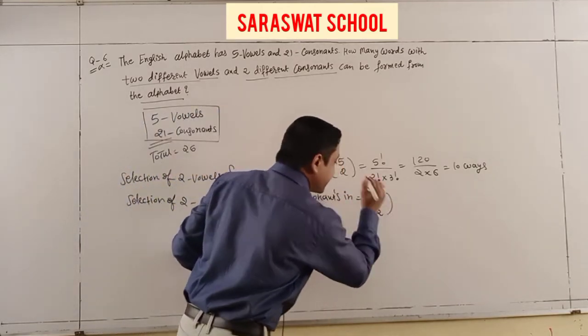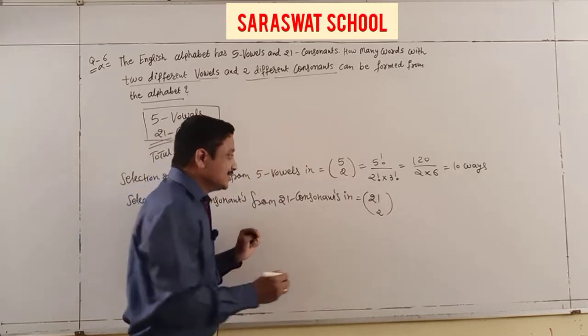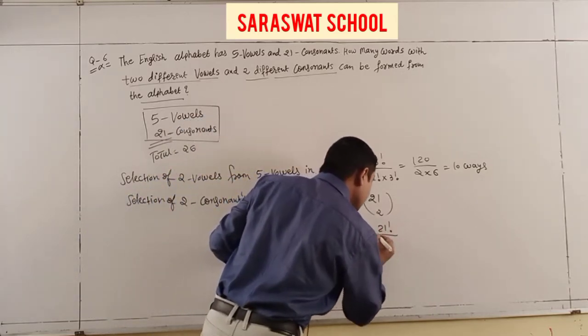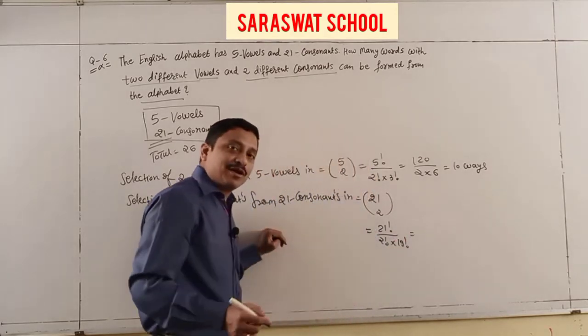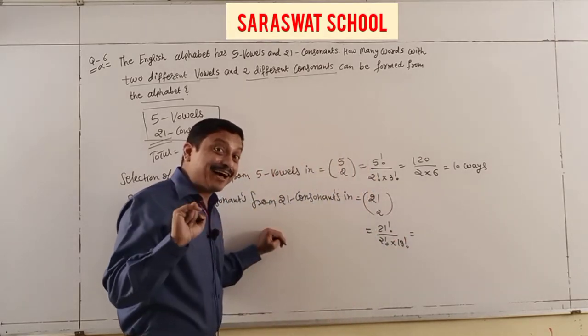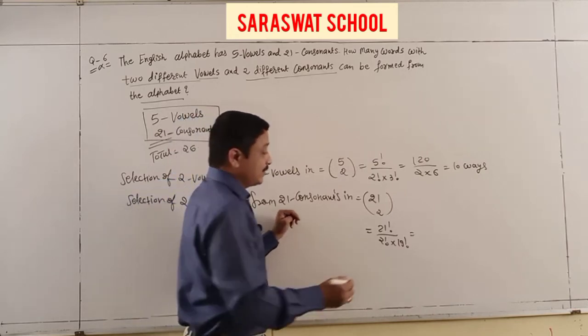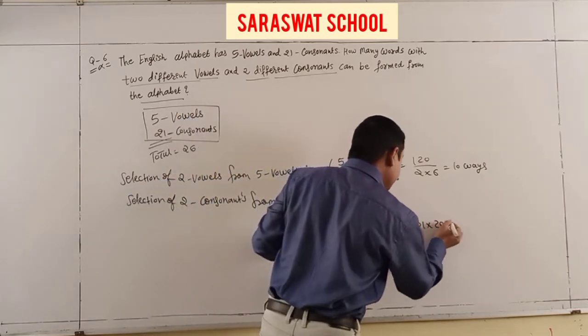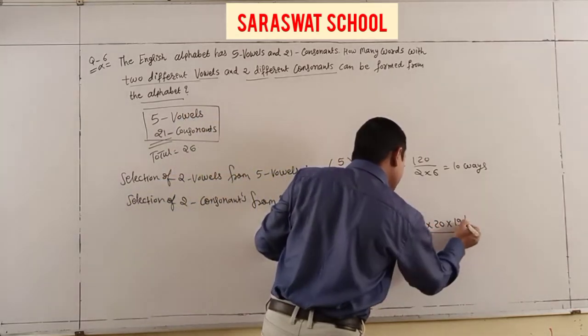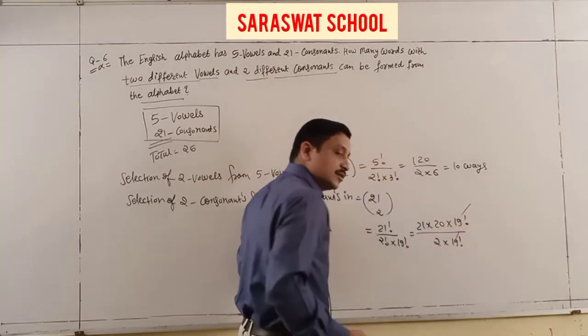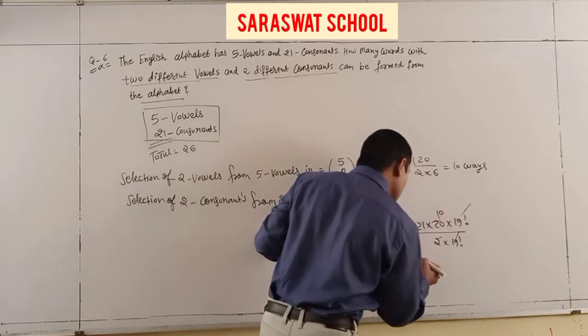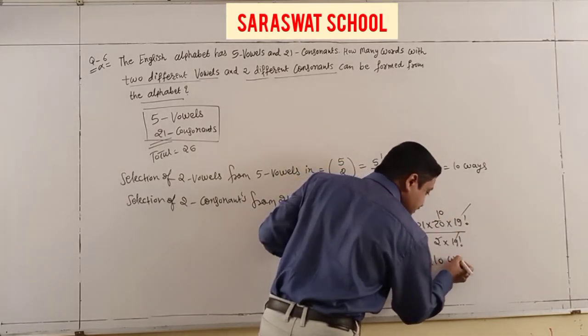Out of that, I just select 2. So my answer is 21 factorial over 2 factorial and 19 factorial. Students, I apply the formula nCr equals n factorial over r factorial into n minus r factorial. So 21, 20, 19 factorial. And here this 19 factorial cancels. The 2 and 10 cancel. We have only 210 ways.